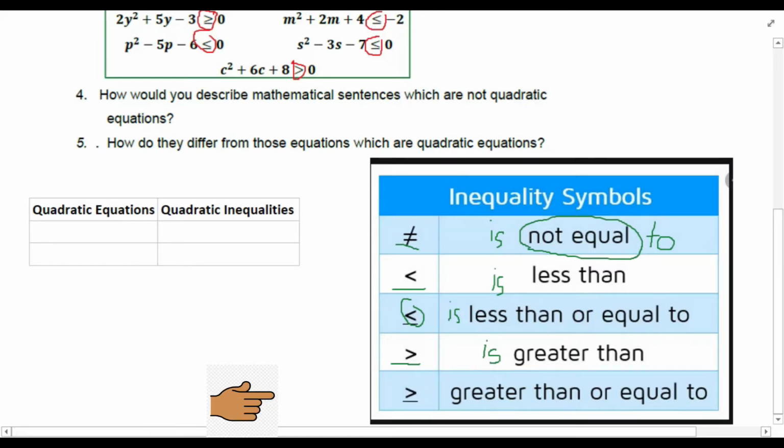And then the last one is greater than or equal to. Is not equal to means the two algebraic expressions do not have the same value.